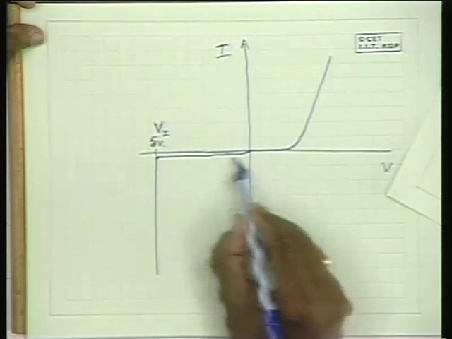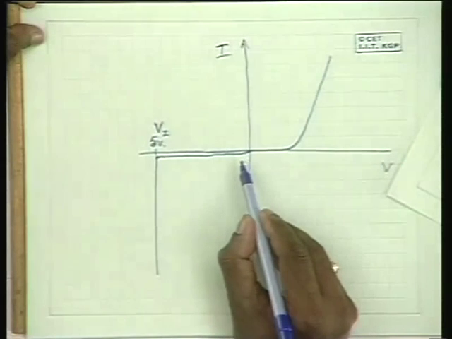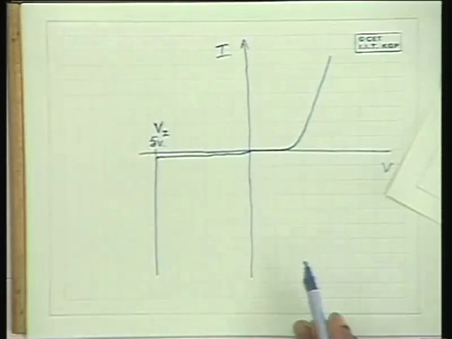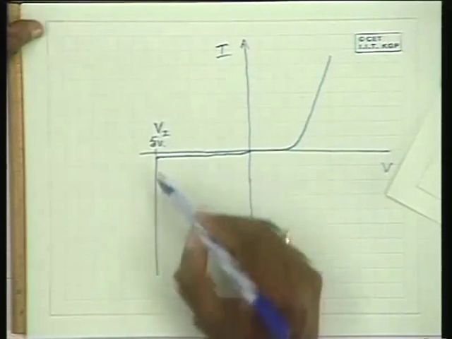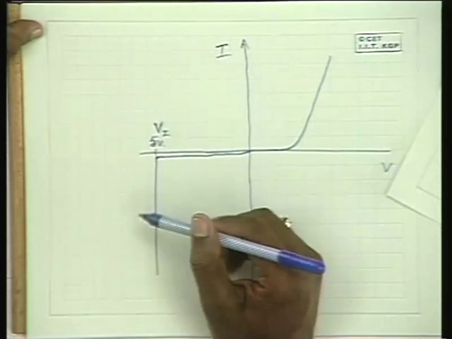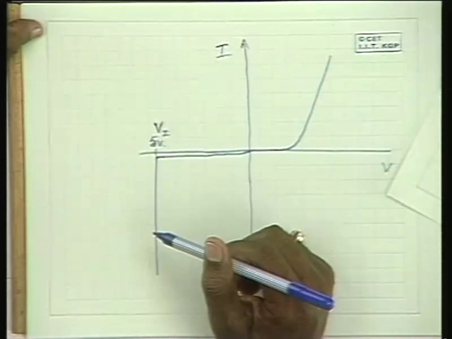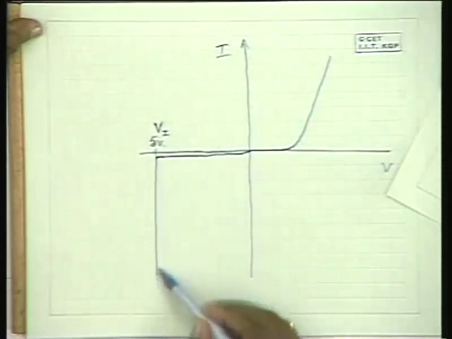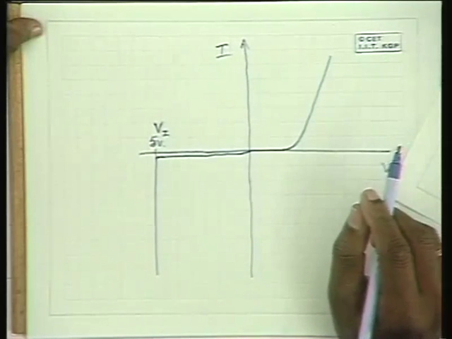So this may be very small, like nanoamperes earlier, and then that jumps to say 100 milliamperes by increasing the reverse potential by a few millivolts. So that is the slope with which the current increases.